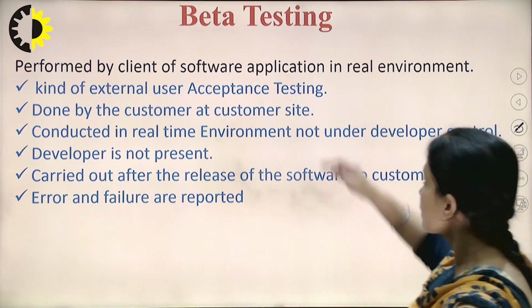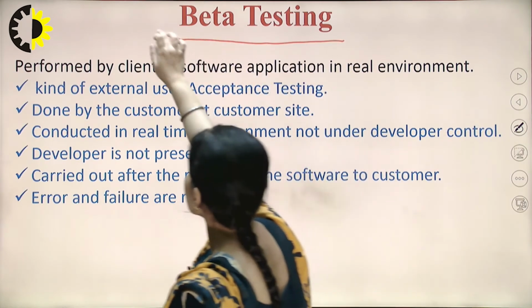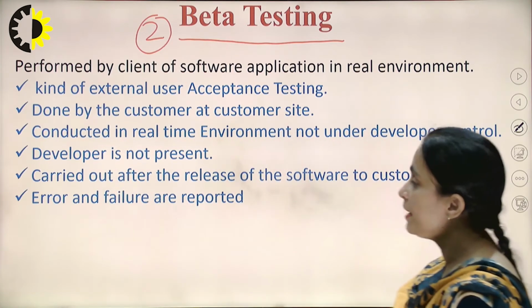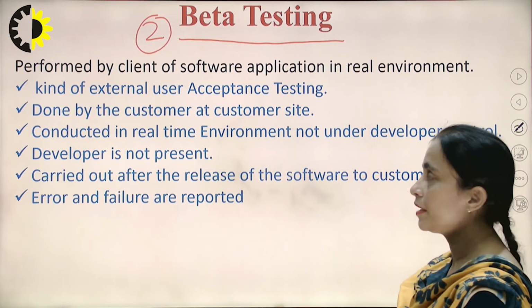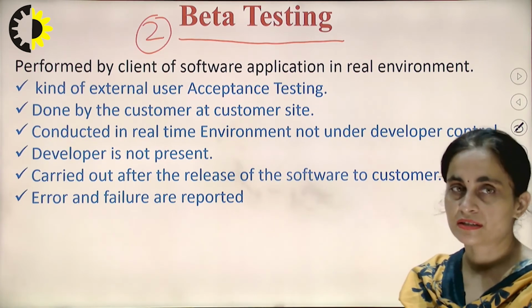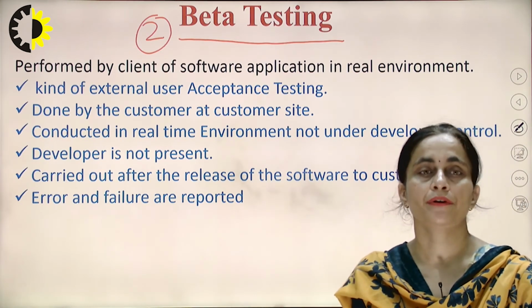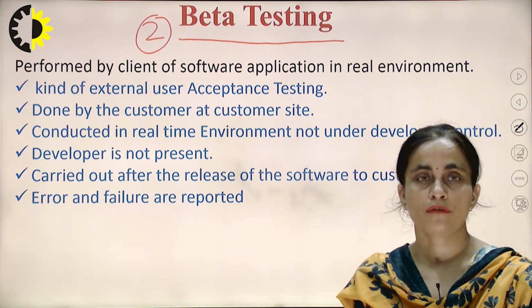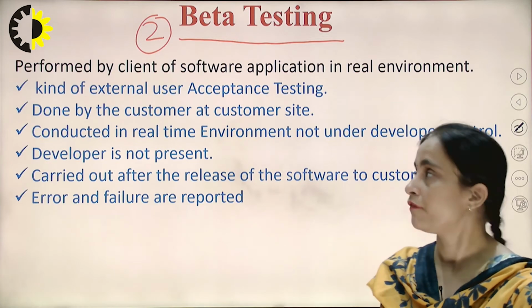Then we discuss the second type of testing, that is beta testing. Beta testing comes after performing the alpha testing. It is also a kind of UAT, or I can say it is the second phase after performing alpha testing.